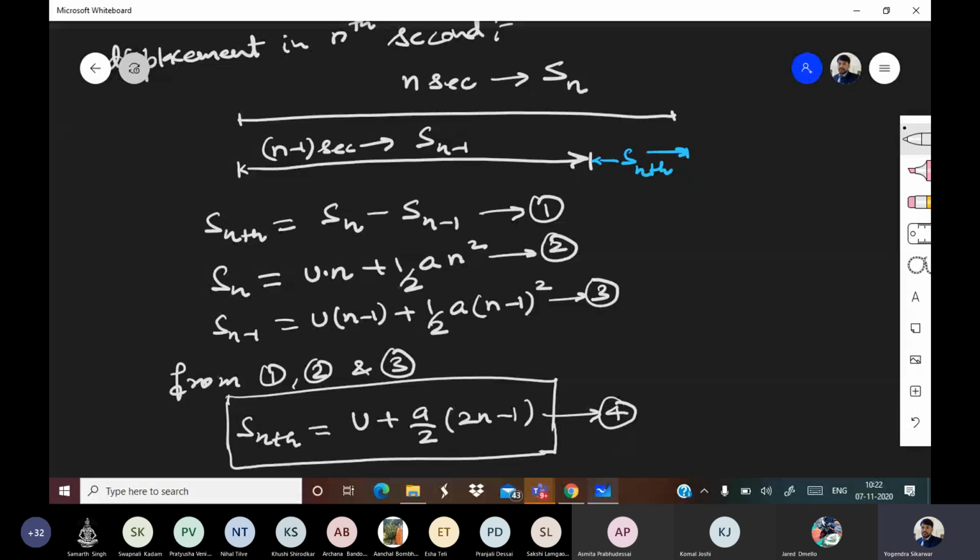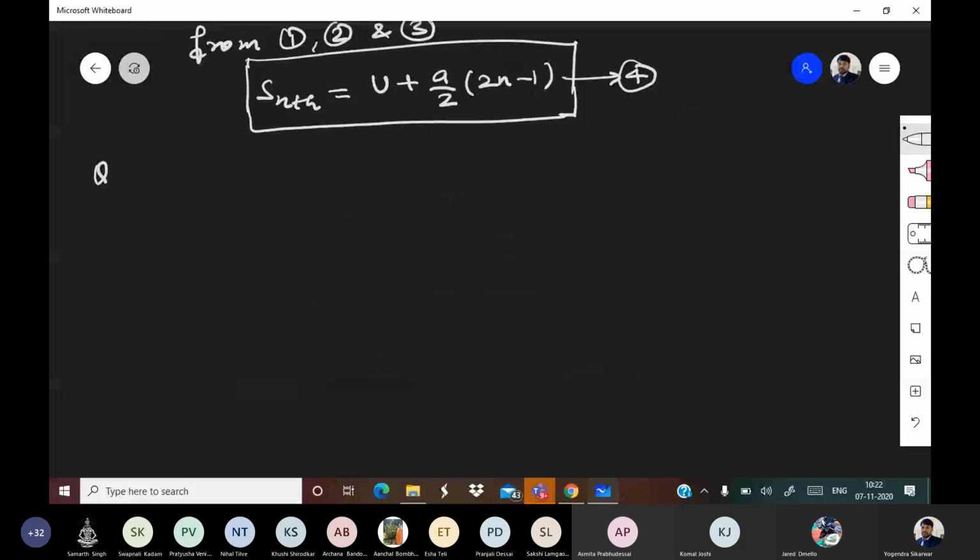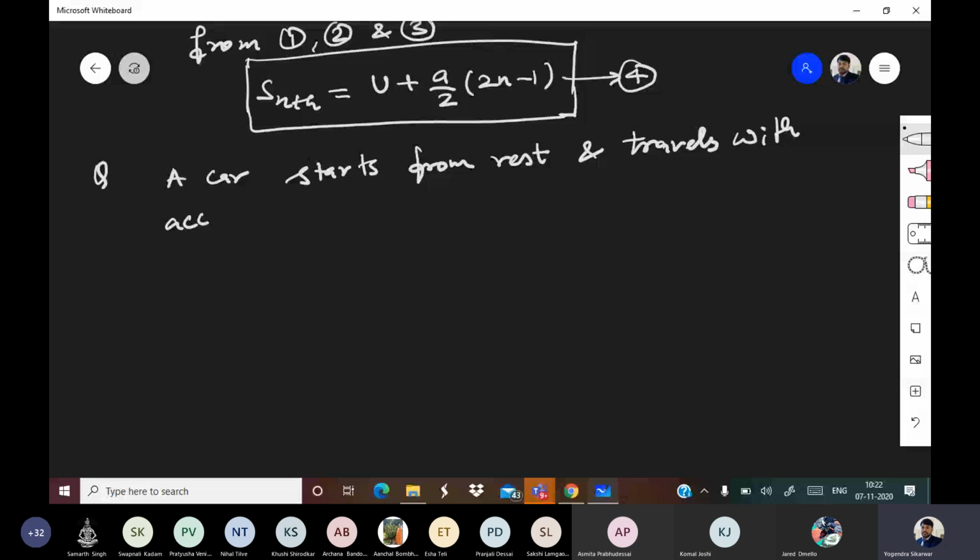Let's solve some questions. Question. A car starts from rest and travels with acceleration 4 meters per second square.